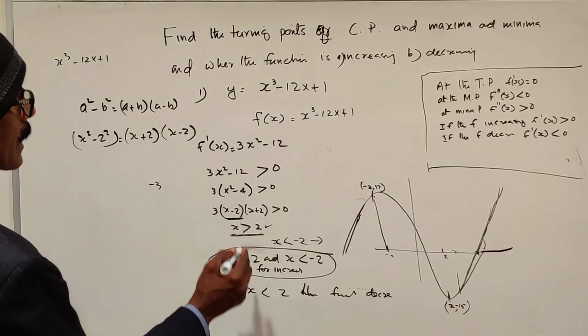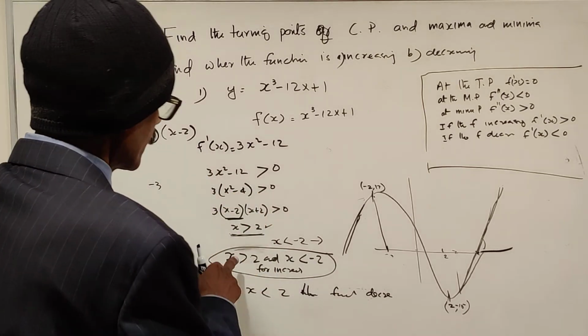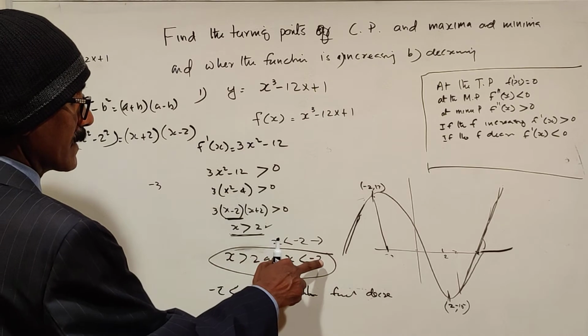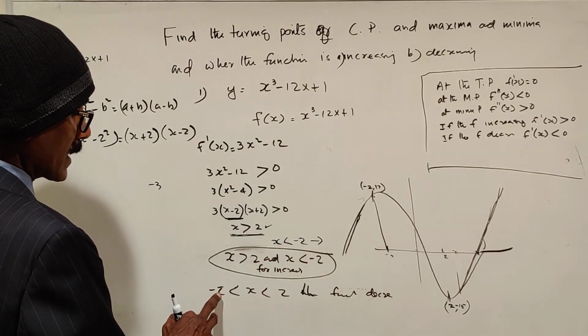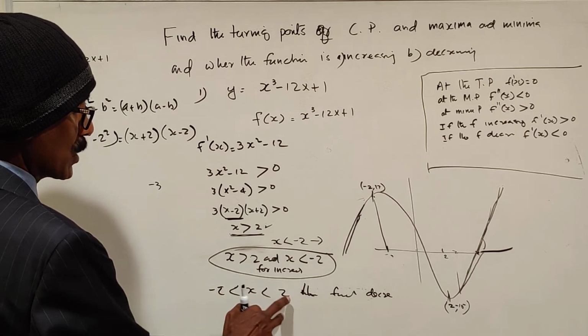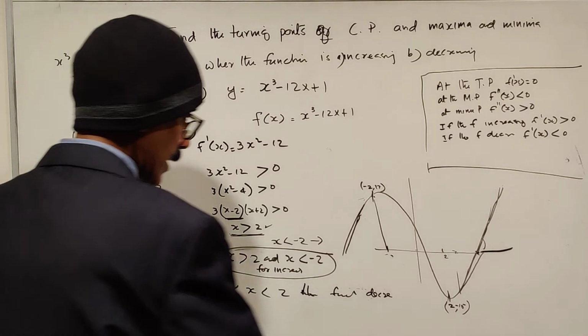Okay? Next. This one finished. When x is greater than 2 and x is less than negative 2, the function is increasing. When the value of x lies in between -2 and 2, the function is decreasing. Okay? Next one.